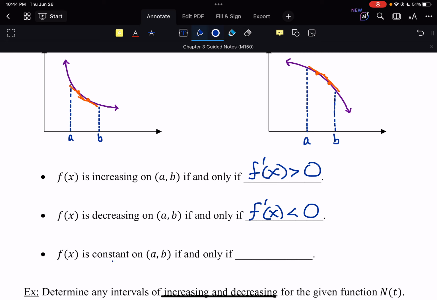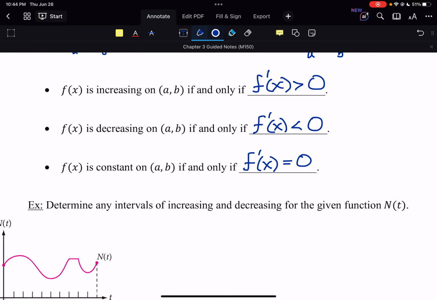And we say that f of x is constant on the interval if and only if f prime of x equals 0. So if the derivative is 0, the slope of the tangent is 0, that means that the graph is perfectly horizontal. It's perfectly flat, right? Because a horizontal line has a slope of 0. So that would give us a constant function if we had something like that.